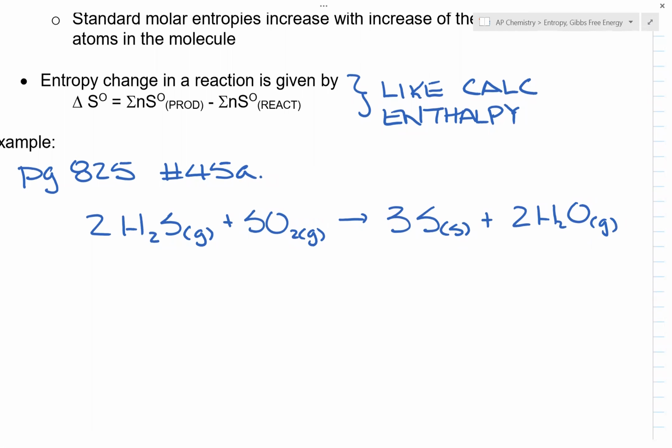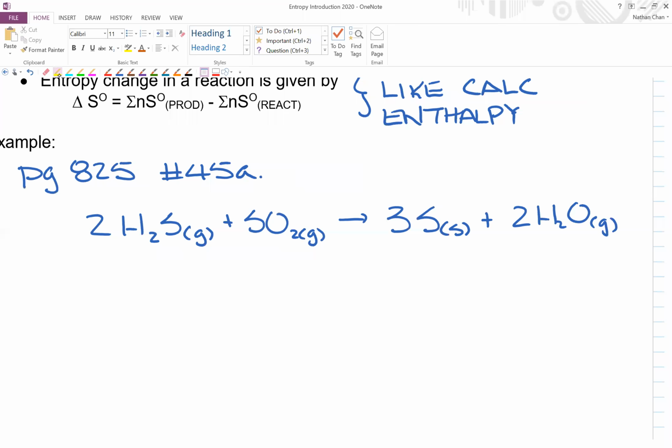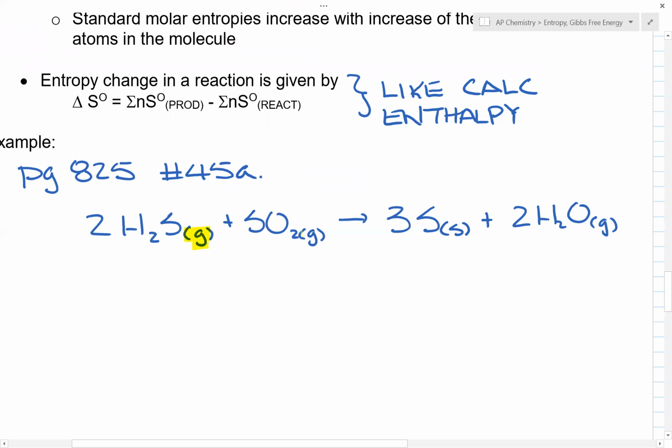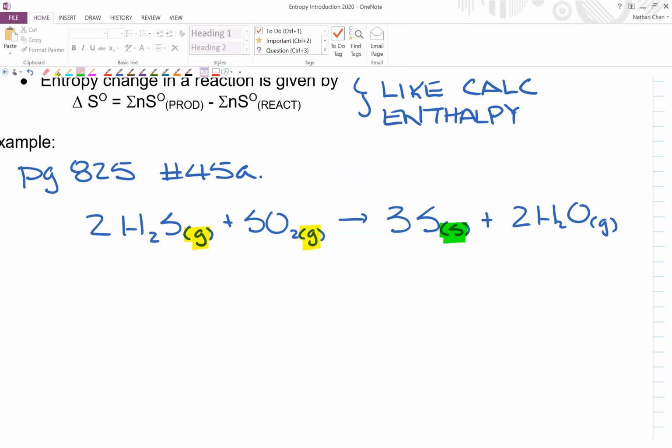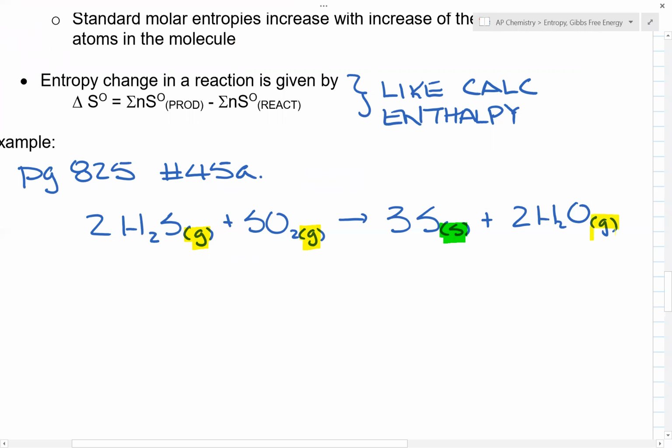Now, if you take a look, you can predict that the delta S sign will be negative. The reason being is you are going from a gas and gas phase to a solid and gas phase. Something for you to be aware of.